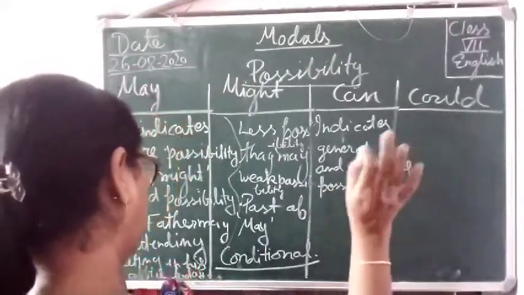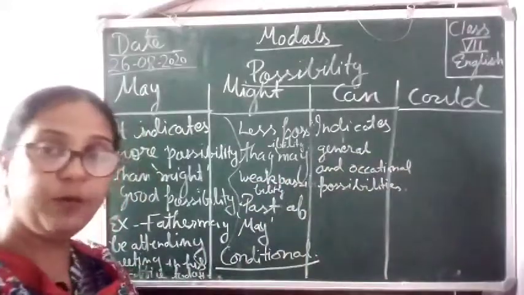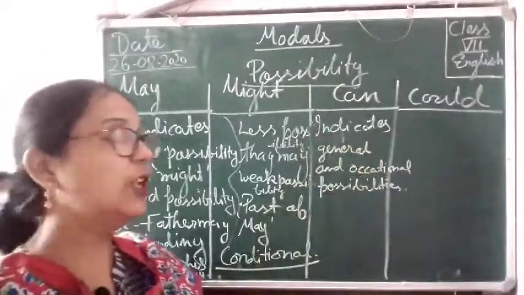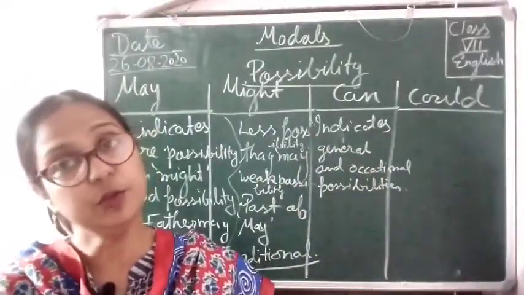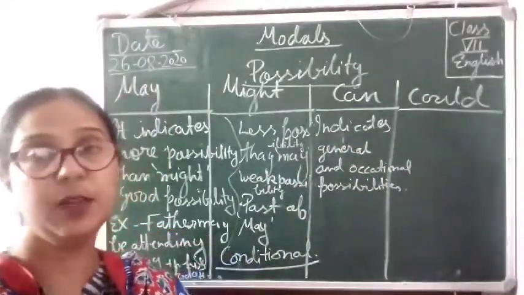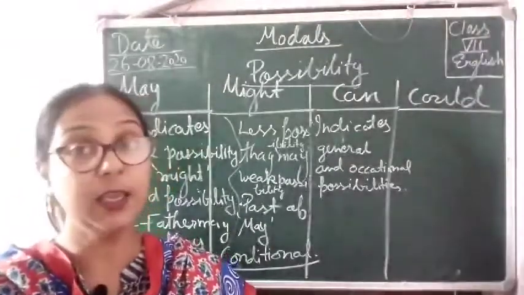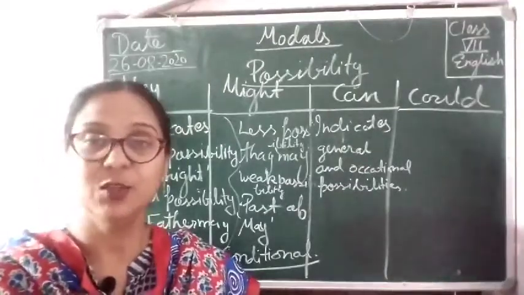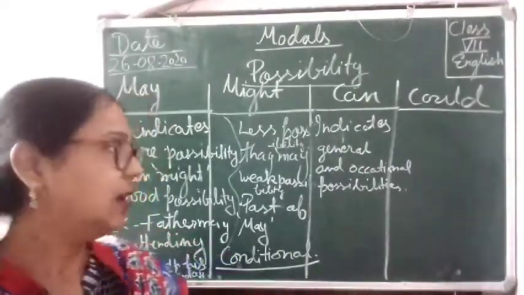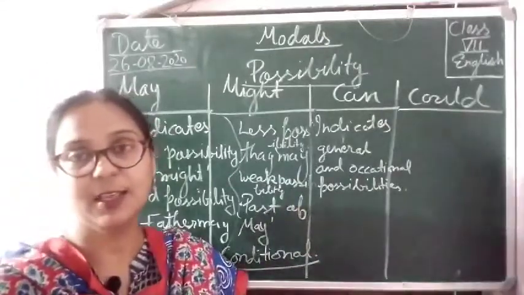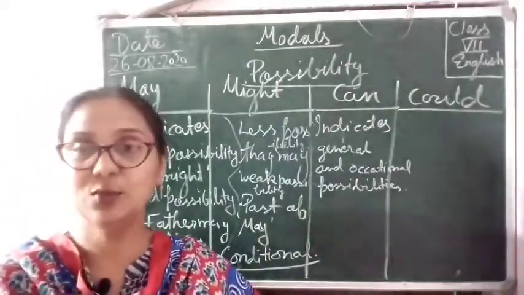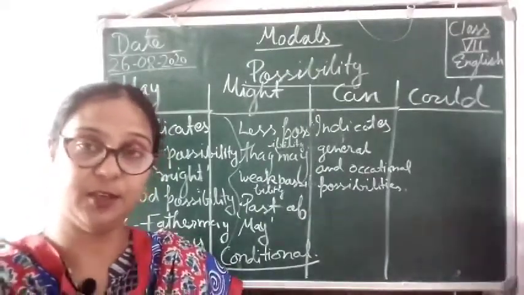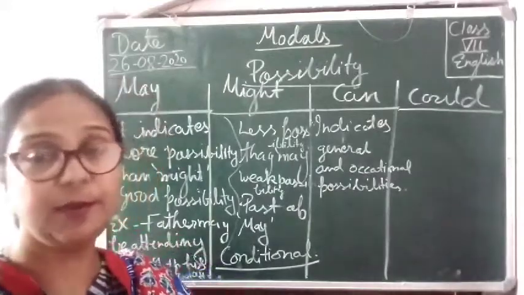When we say I can go with you, it is showing the general and occasional possibility. If you have to show a general and occasional possibility, you can use I can do. So there is a possibility of doing that thing, and that time we have to use can. It is also used as a general possibility.